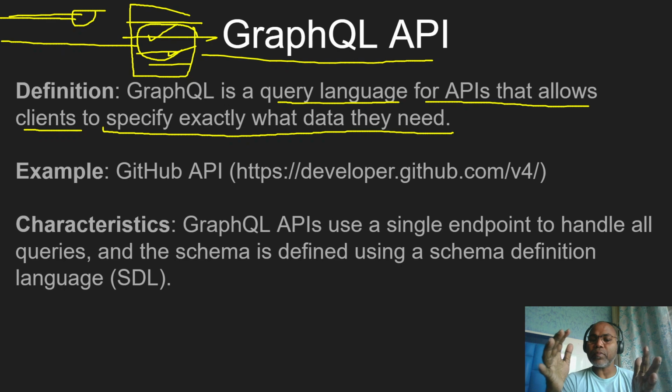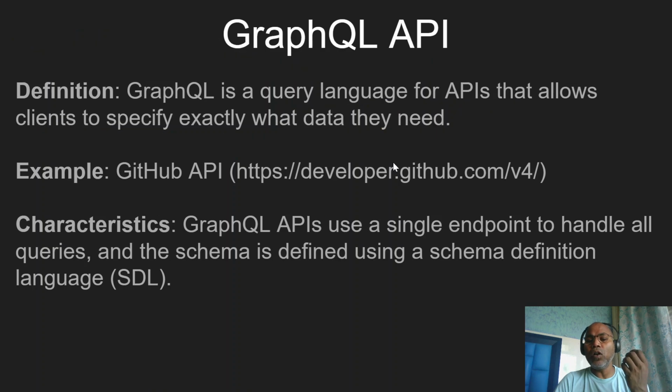Generally we expose one single endpoint, and that handles all the queries, maybe get name, or get name and address, or get name, address and phone number. These are the different queries you can do for the API. So GraphQL is also one of the approaches where the client decides exactly what data they want from the API by querying it.